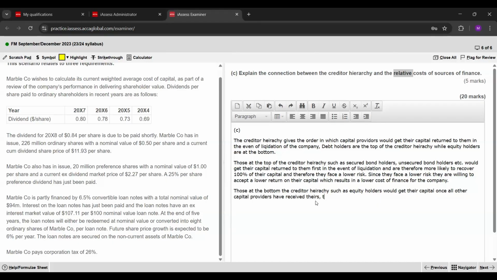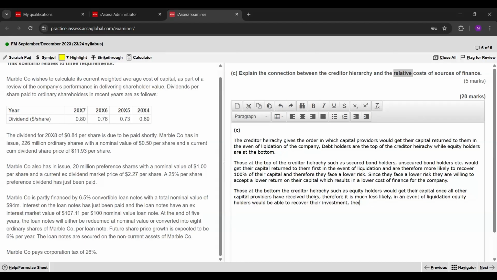Therefore, it is much less likely that, in an event of liquidation, equity holders would be able to recover their investment.